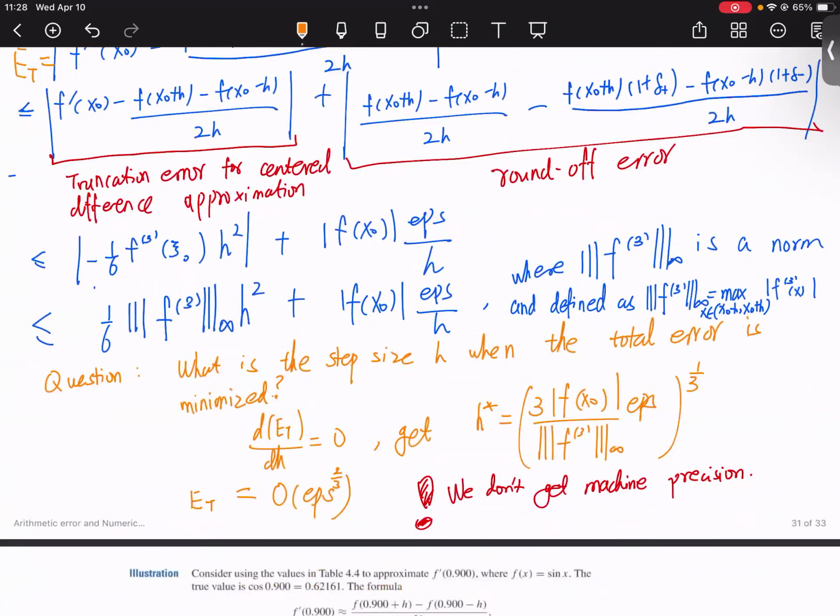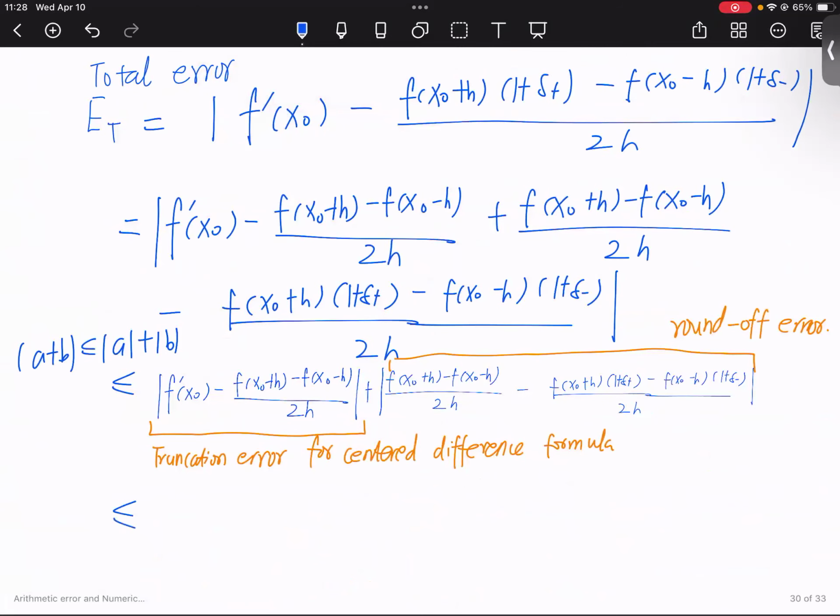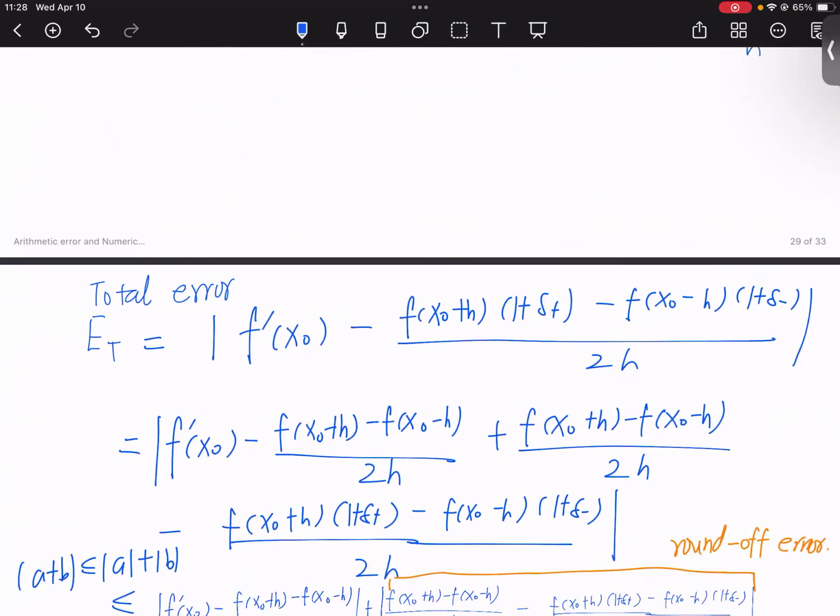This is from the previous class, and I got the absolute value of the truncation error, and the c0 should be between x0 minus h and x0 plus h. And the second part is the rounding off error, and we get this from here.